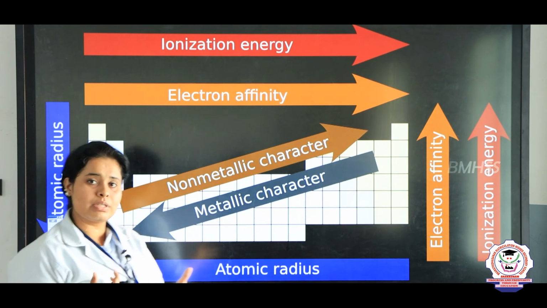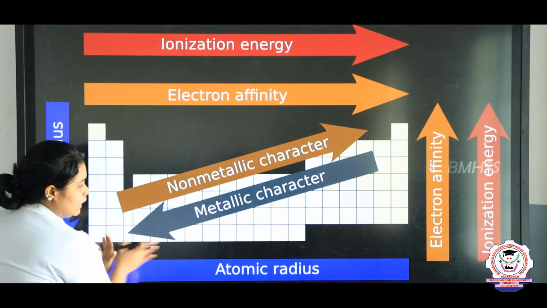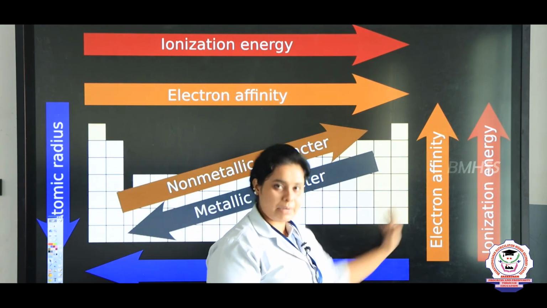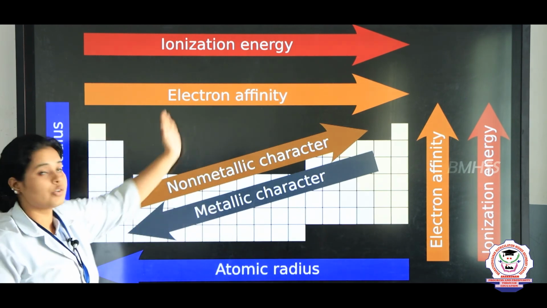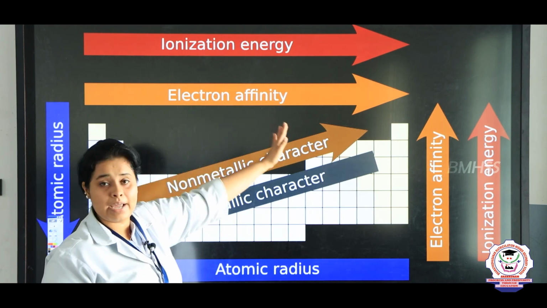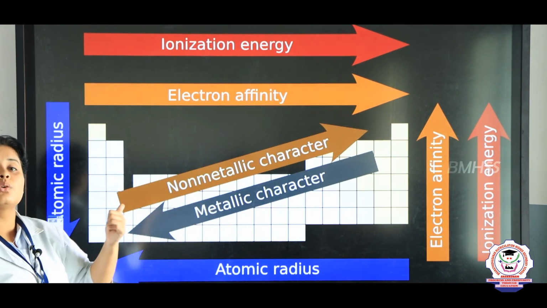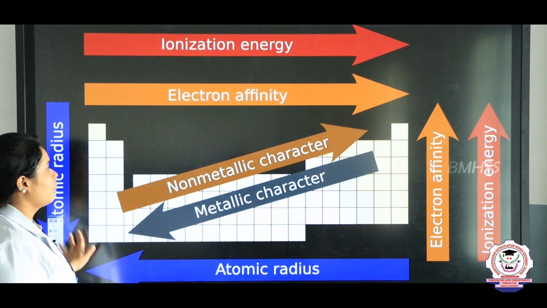Metallic character shows that the elements present here are more metallic than the elements present at this side of the table. Then electron affinity also increases with the ionization energy, and ionization energy also shows the electronegativity value. Okay? So that's not a difference.